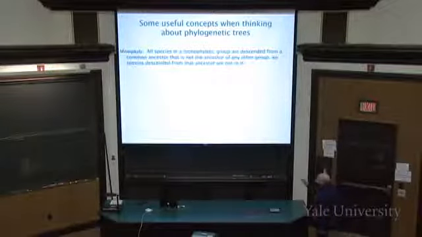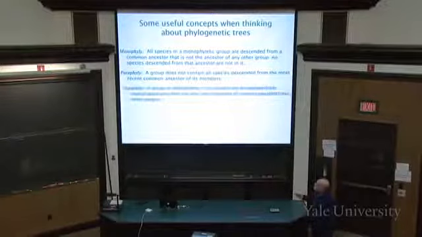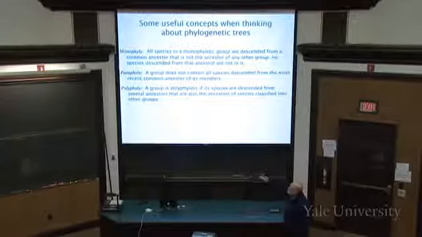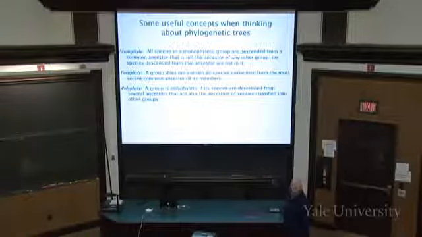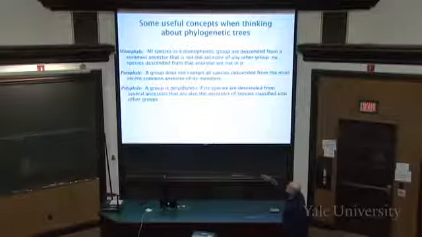Now, some of these concepts you've already been through, so I'm going to simply mention these names again, just so that they get repeated and start becoming part of your own vocabulary. Monophyletic is a group that contains all of the descendants from a single common ancestor and nothing that is not descended from that common ancestor.